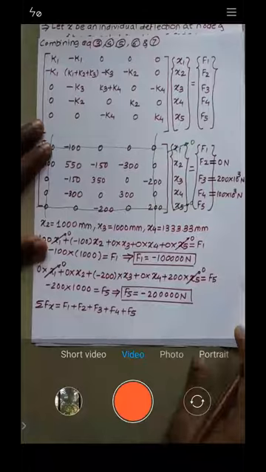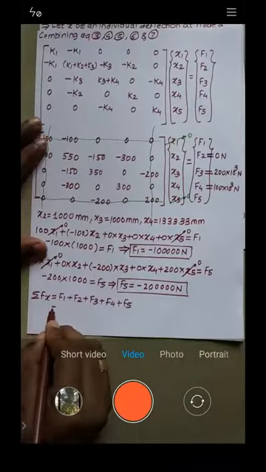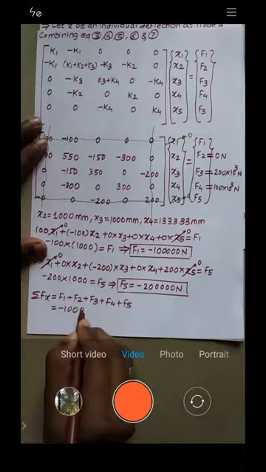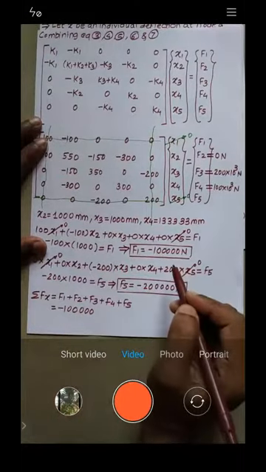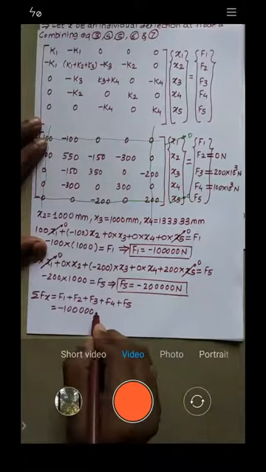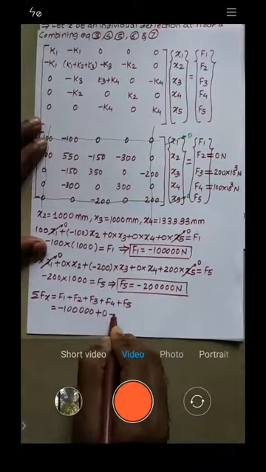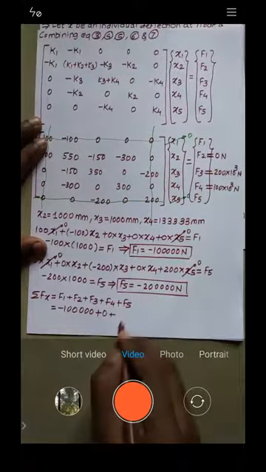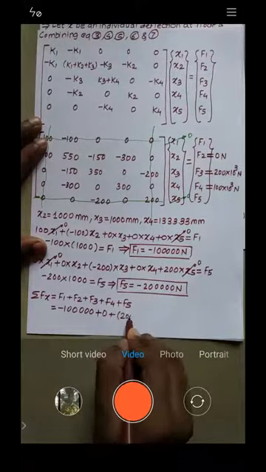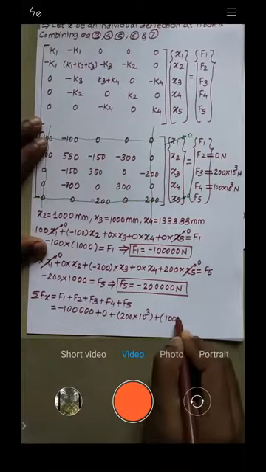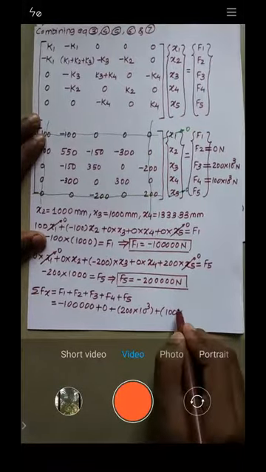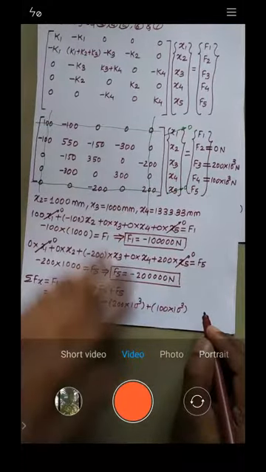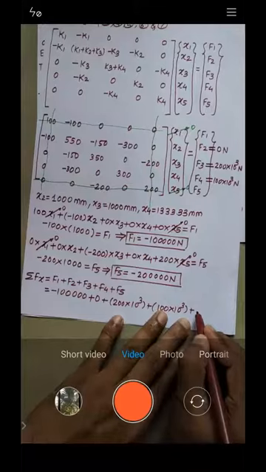So F1 we have calculated as a negative value, plus F2 it is 0, plus F3 it is 200 into 10 raised to power 3, plus F4 it is 100 into 10 raised to power 3, plus F5, that is coming minus 20.